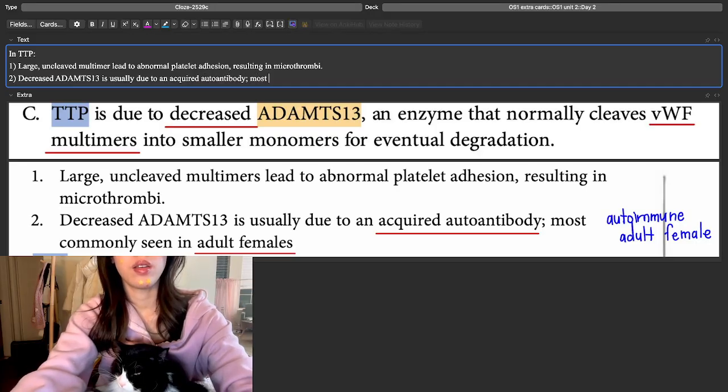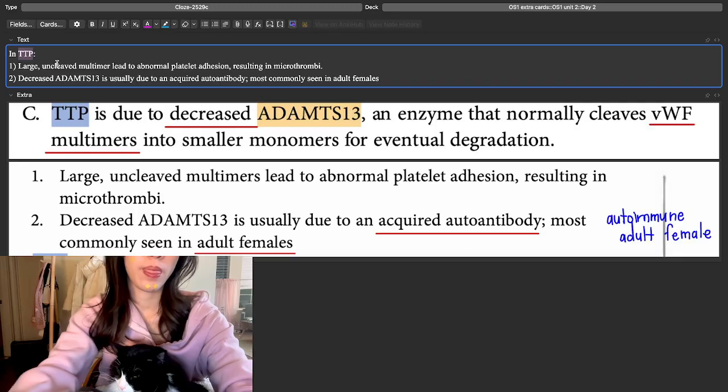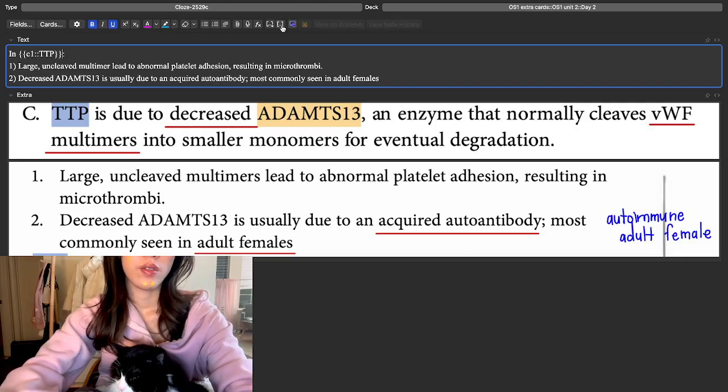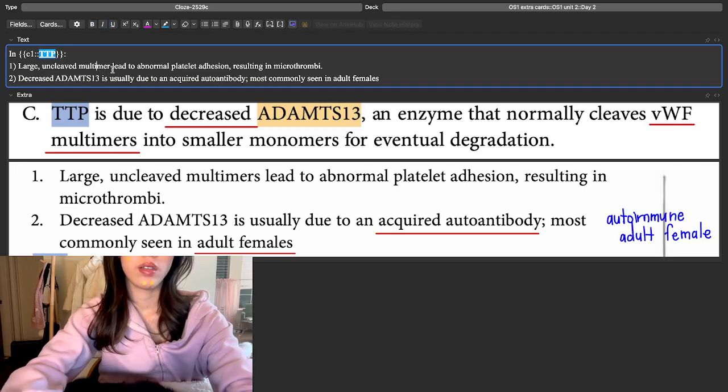Autoantibody most commonly seen in adult females. Microthrombi.